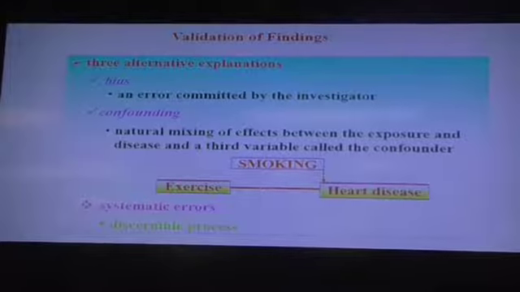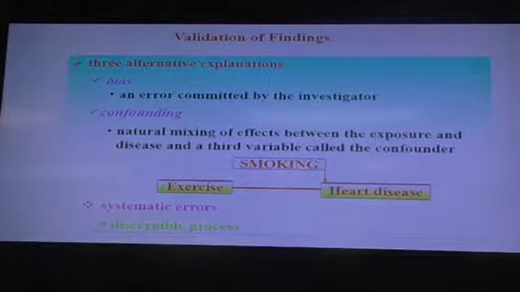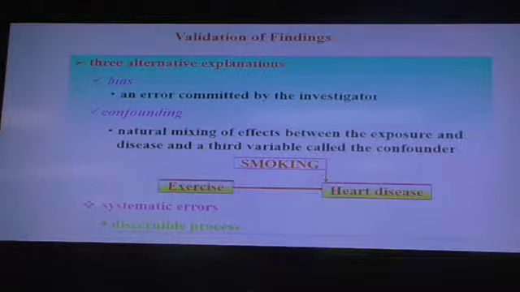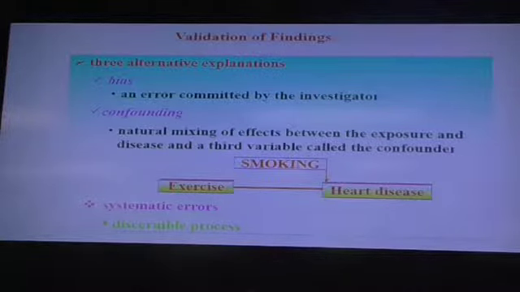These two explanations, both together, we call systematic error. Bias and confounding are called together systematic errors because they arise from a process that you can really see, a discernible process.